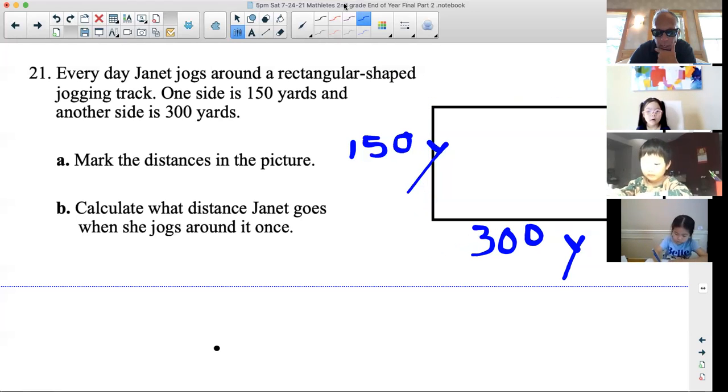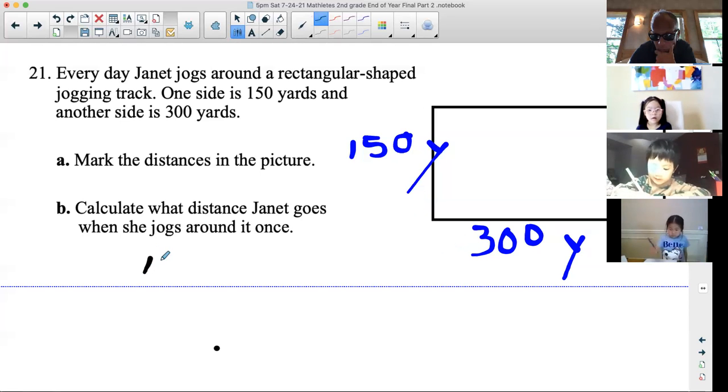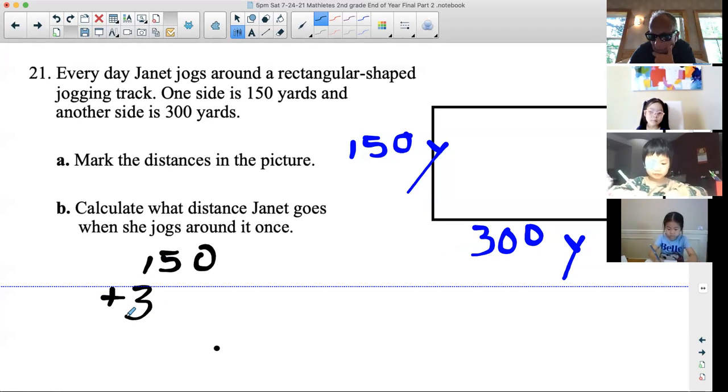So, Catherine, what would you have to add? 150 to what? 300. And that would give you half the way around the track. So what would you have to add next?